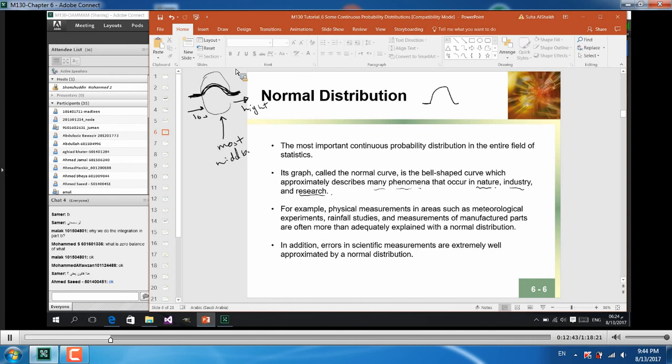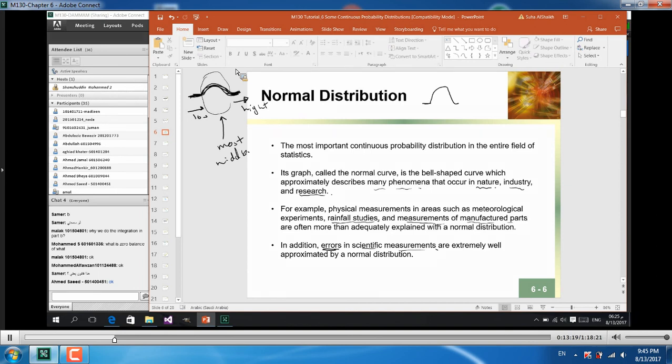So many phenomena in nature, in industry, and in research follow what we call the normal distribution. For example, physical measurements in areas such as meteorological experiments and rainfall studies should follow the normal distribution. The measurements of manufactured parts are often adequately explained with a normal distribution. Also, if we have errors in any scientific measurement, when you are doing an experiment, there will be errors.